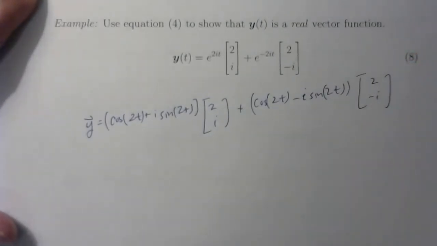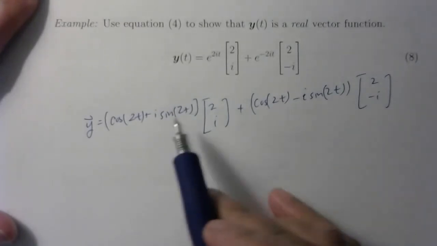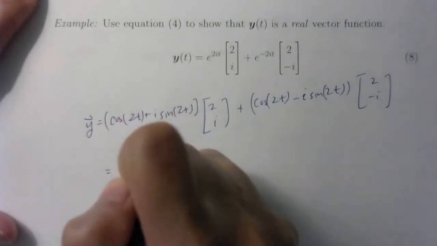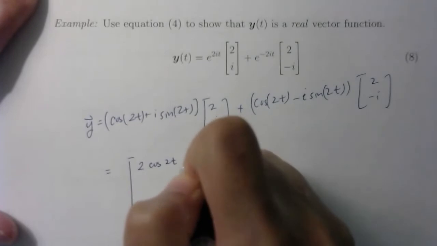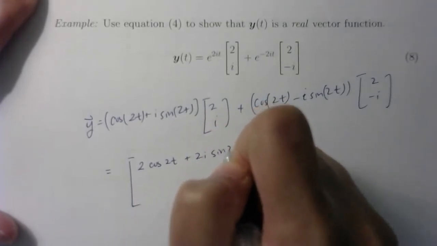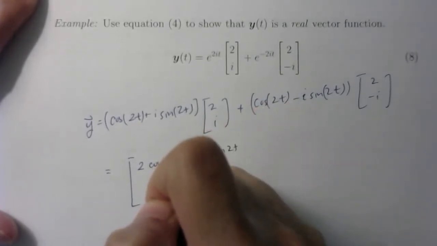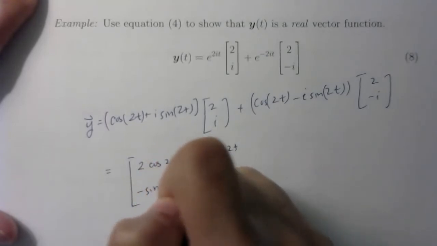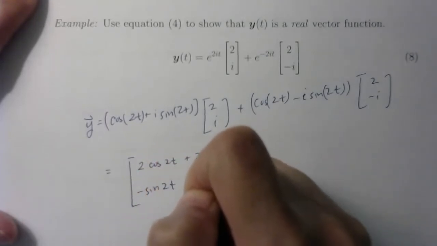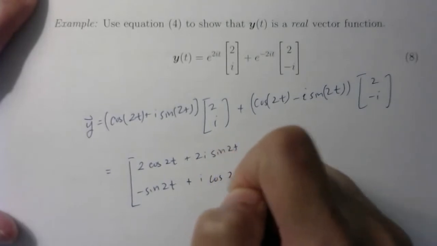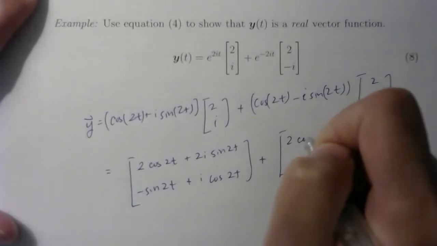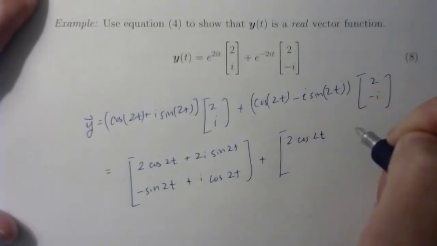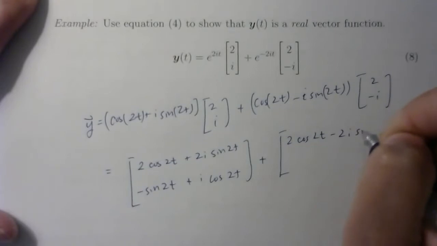And the suspicion here, let's write this as two complex vectors. So 2 cos 2t plus 2i sine 2t, and minus sine 2t plus i cosine 2t, plus 2 cos 2t minus 2i sine 2t.